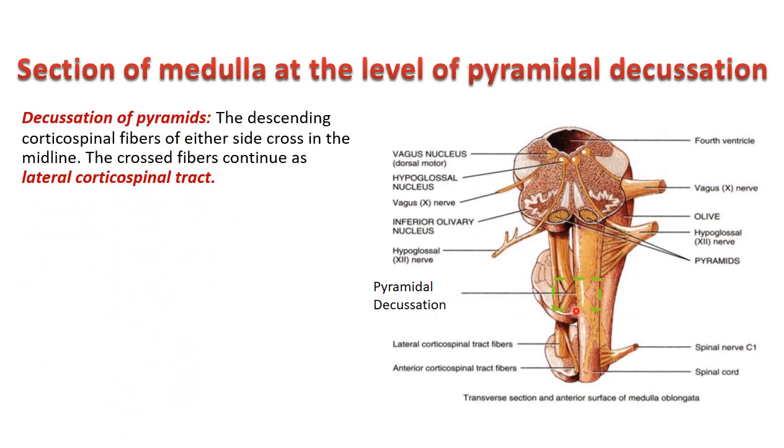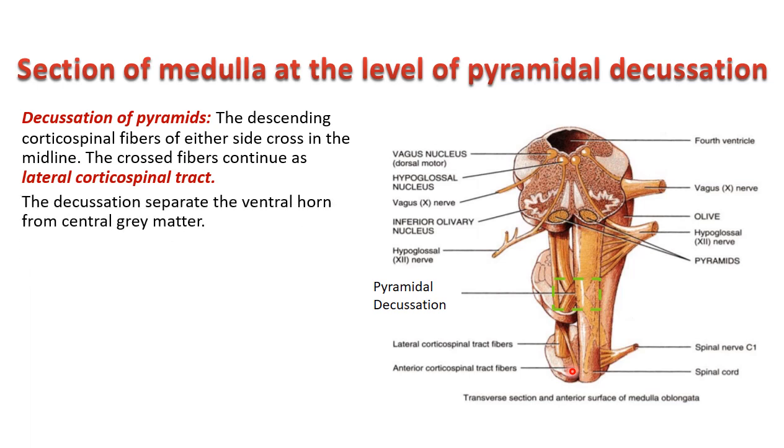The corticospinal fibers cross and form the lateral corticospinal tract, and some fibers don't cross at all and pass as the anterior corticospinal tract. The crossed fibers form the lateral corticospinal tract, which is 75% of the fibers. The remaining 25% pass as the uncrossed anterior corticospinal tract.